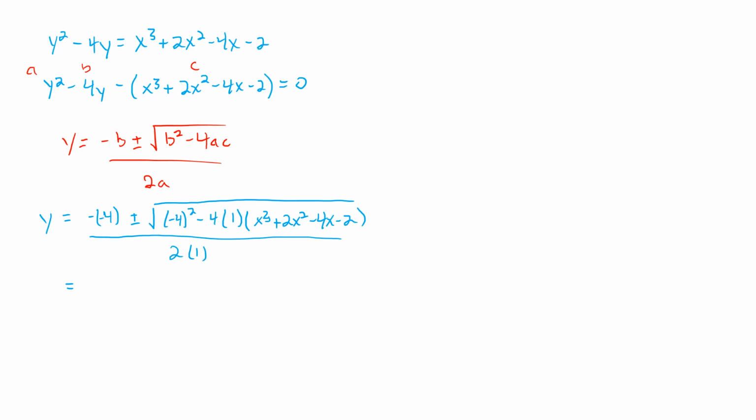So we have 4 plus or minus the square root of 16 minus, this is a minus 2. I forgot my minus sign because I was going to say minus 4 times this, but we are subtracting this quantity. So let's add a negative in there. So then the negative and negative will make this positive.